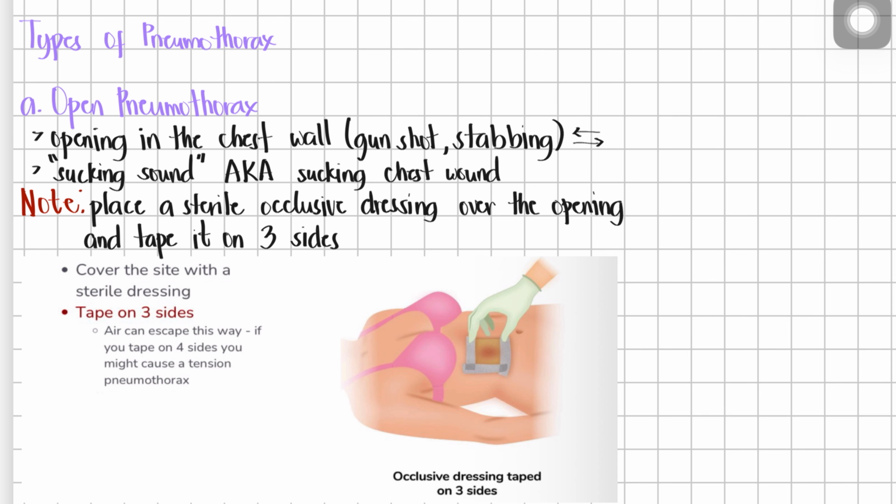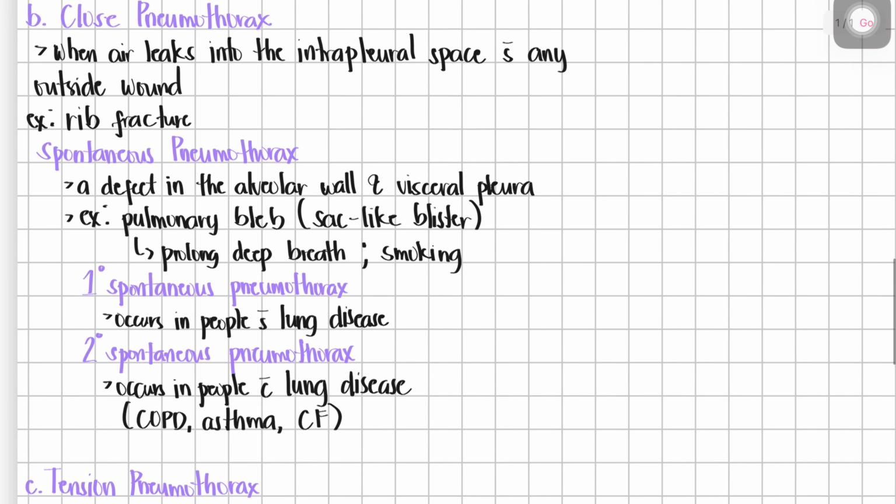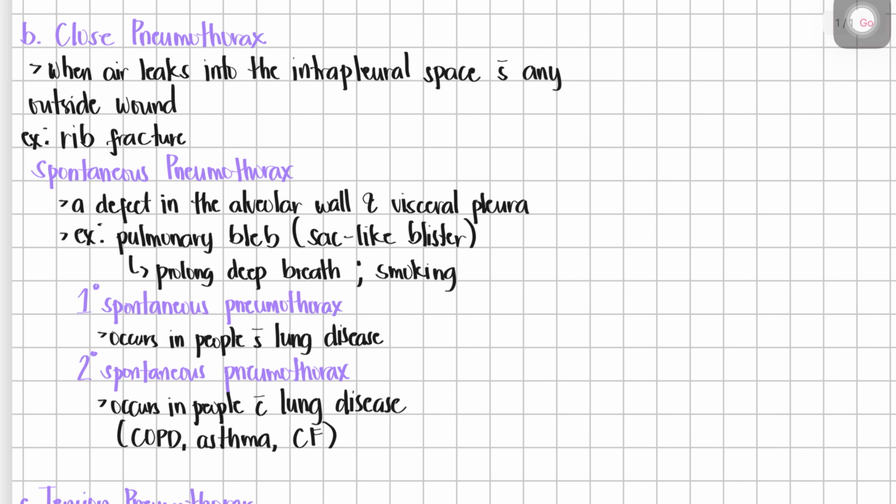And that tension pneumothorax, guys, is a medical emergency. That's why we tape only on three sides, para the air cannot enter when we inhale kasi magko-close yan, but the air can escape when we exhale. That's for open pneumothorax. So kung may open pneumothorax tayo, syempre meron tayong closed pneumothorax.